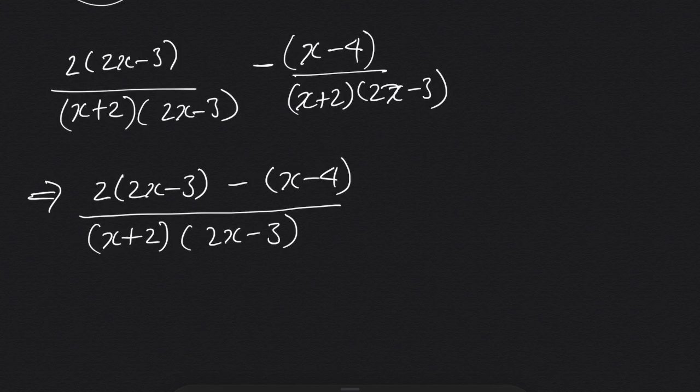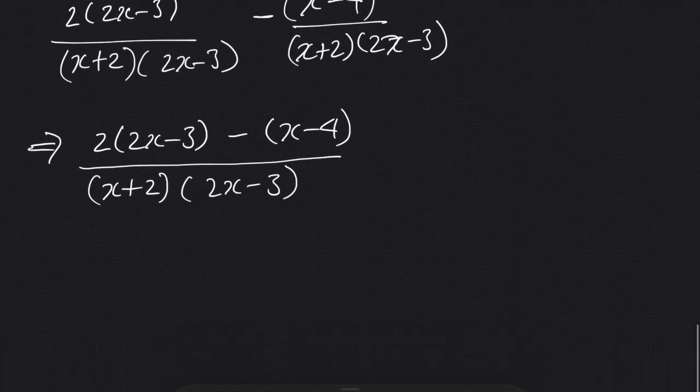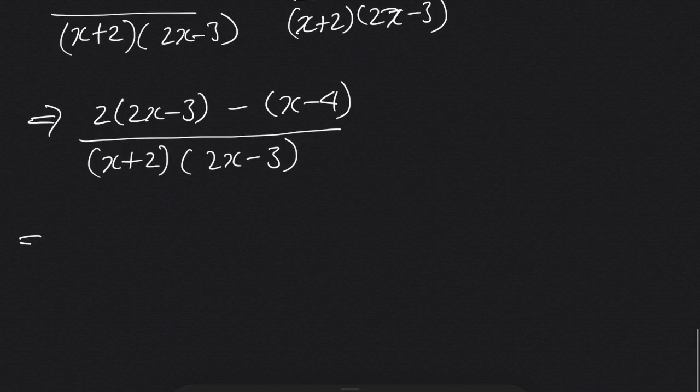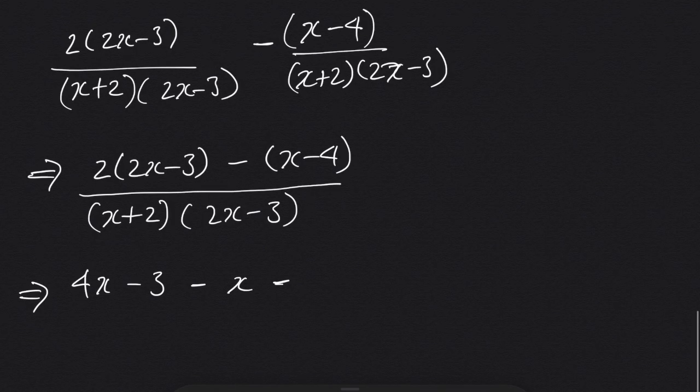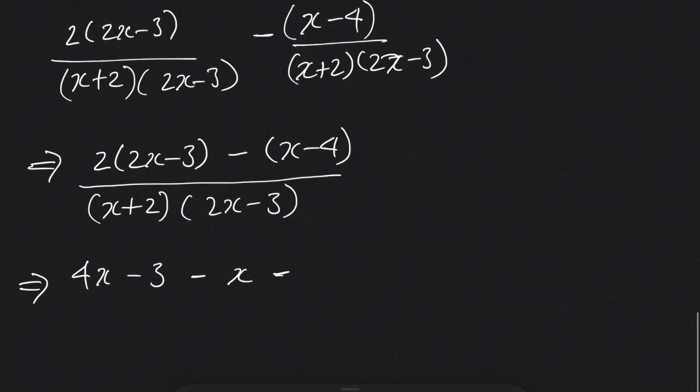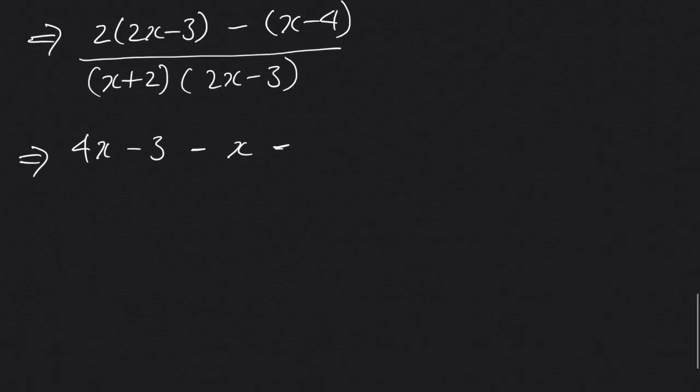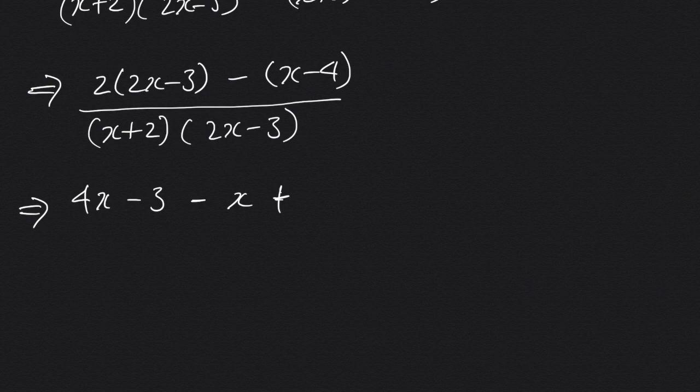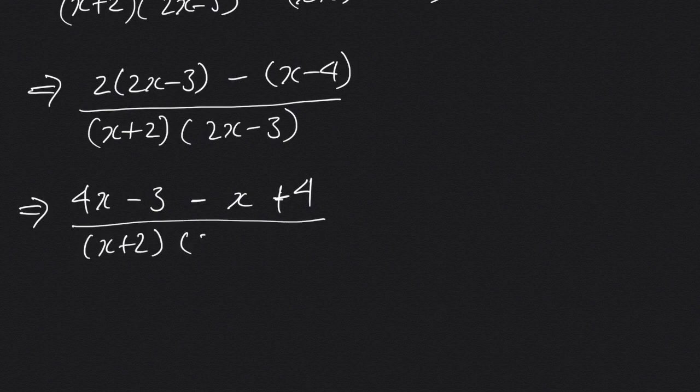Okay, so what else can we do here? Well, we could multiply this out to say that this would equal 4x squared minus 6x minus x minus 4 over x plus 2 times 2x minus 3.